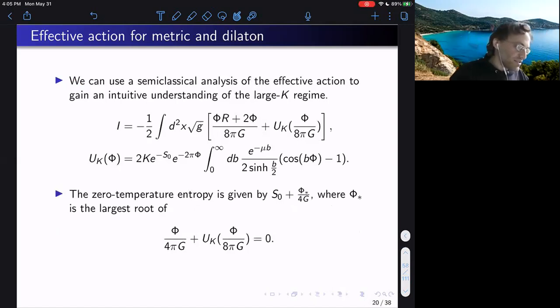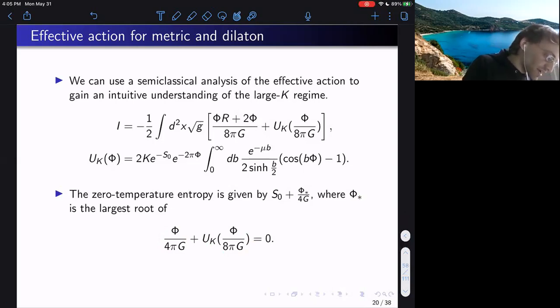So the zero temperature entropy of a black hole in this case is given by S naught plus phi star over 4G, where phi star is just the largest root of the potential. So this is the potential from pure JT gravity and then the correction due to the end of the world branes, and we just look for the largest root. And phi star would just be the value of phi on the horizon of that zero temperature black hole.